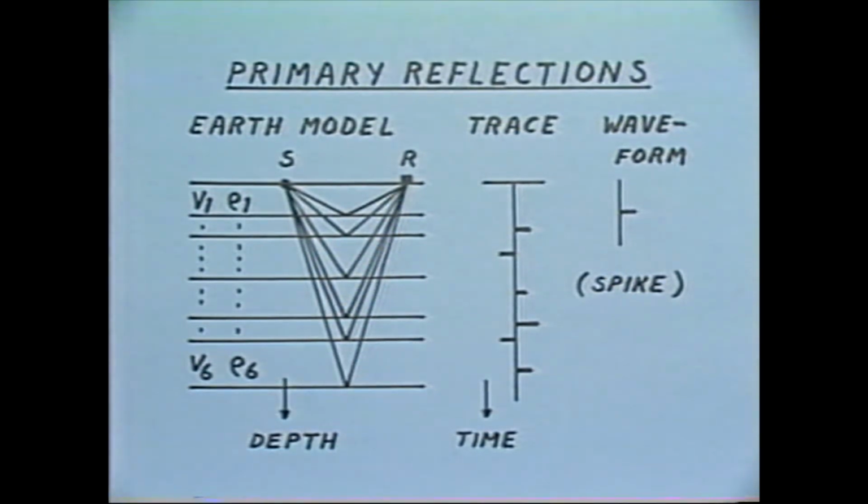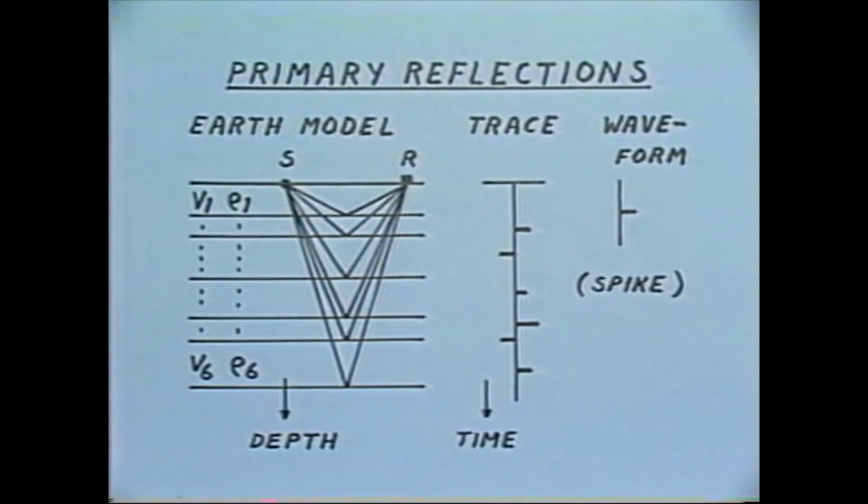Now, we showed in the previous lecture that the reflection coefficient at an interface is determined by the differences in velocity and density between the two layers, and that reflection coefficient determines the amplitude of the reflected signal in relation to the amplitude of the signal which is incident on the reflection interface.